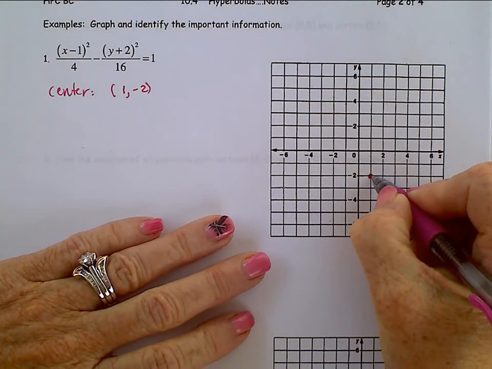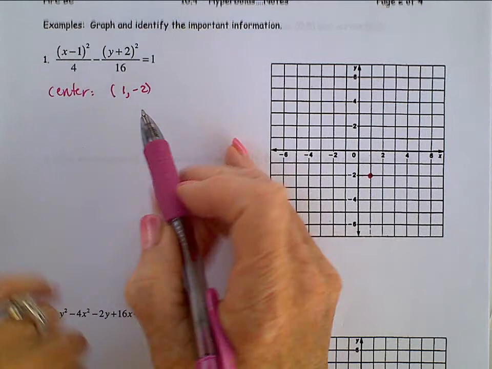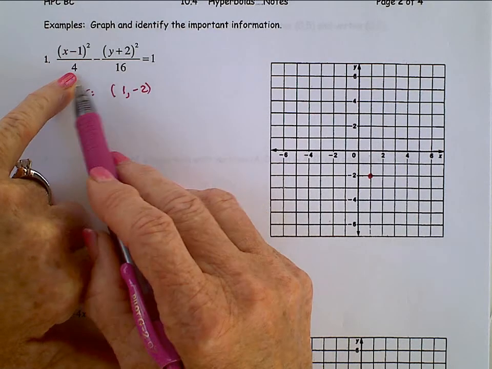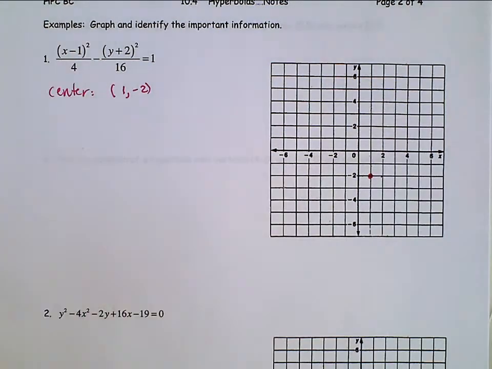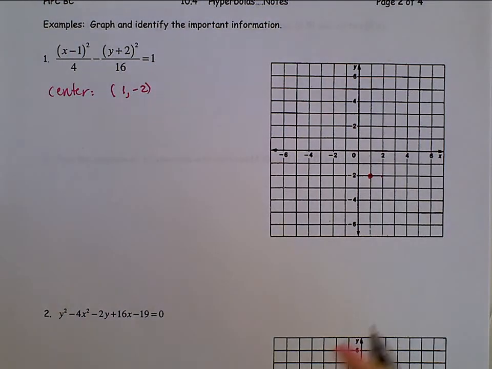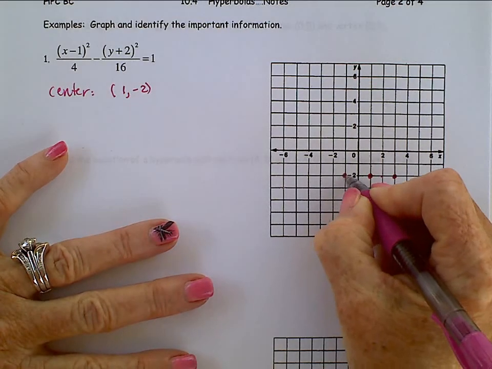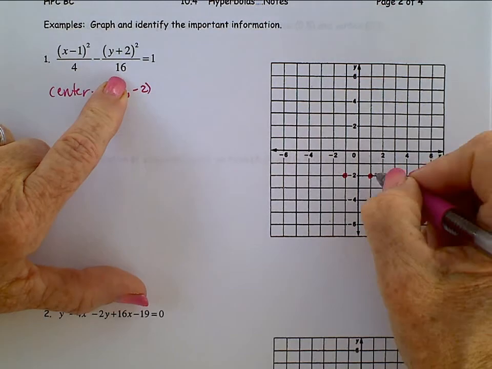Right here, there's your center. Now, just like for an ellipse, these numbers here tell you how far to go in each direction. So we're going to go 2 in the x direction. And we're going to have to go 4 in the y direction.